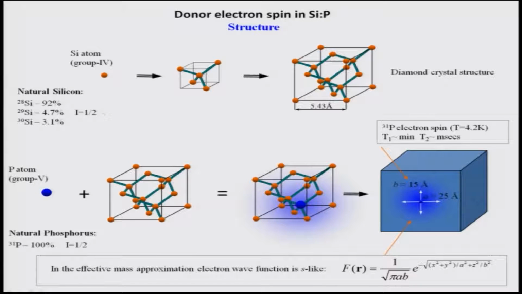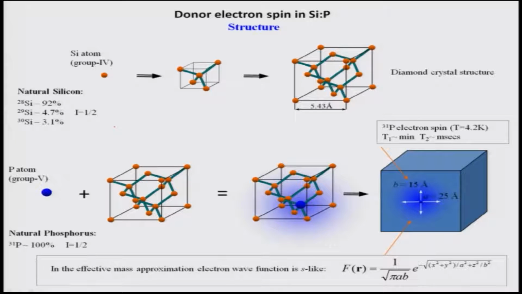Here are certain facts: the isotopes of natural silicon are shown here: silicon-28, silicon-29 and silicon-30. The most abundant one is silicon-28, which has 92% availability in this case. It is a spin-half system in terms of the nuclear part, whereas the donor electron, if we are considering it from the phosphorus atom, will be the spin of the system which we will be looking at.